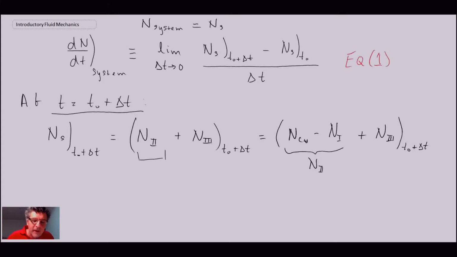Another thing I'm going to do is bring in the intensive property. If you recall earlier, we said that the extensive property could be evaluated by an integral over the system of the intensive property, eta, times rho dV. I'm going to make that substitution for each of the terms in this equation.